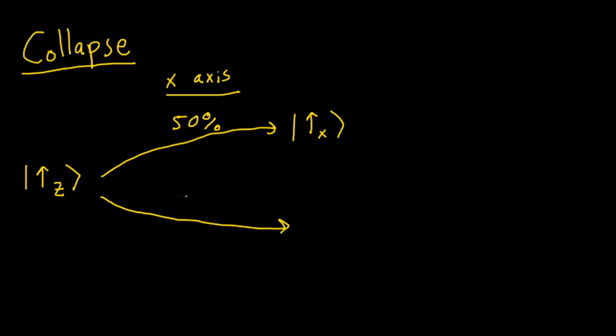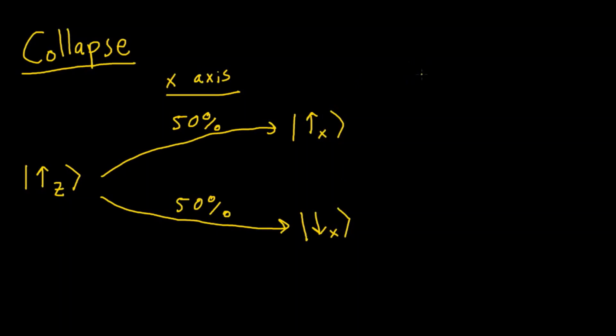And 50% of the time you're going to measure it to be spin down, and then your electron state will collapse to the spin down state in the x direction.